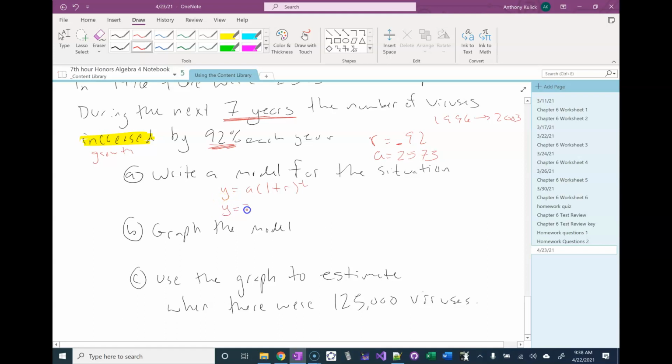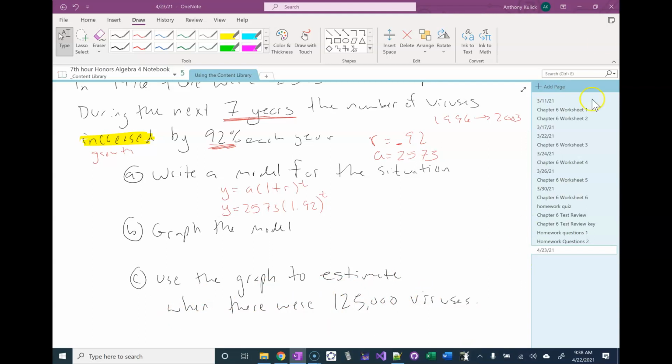So plugging things in, 2,573 goes in for a. 1 plus 0.92 is 1.92, to the t. Then it says to graph the model, and then to use the graph to estimate when, so the year, there were 125,000 viruses.